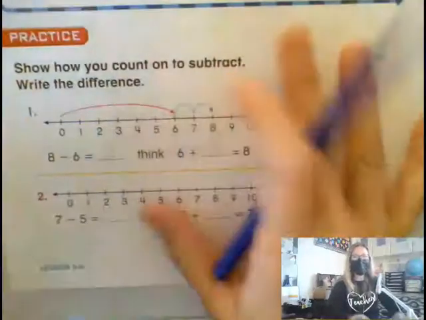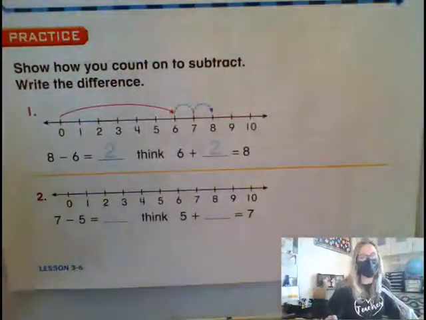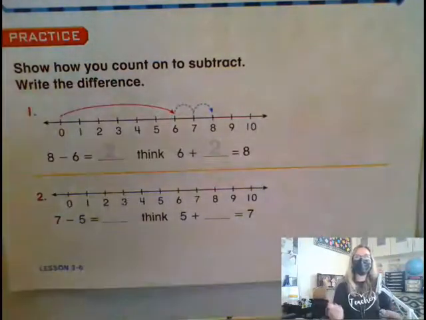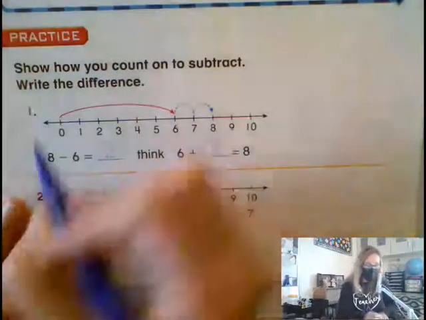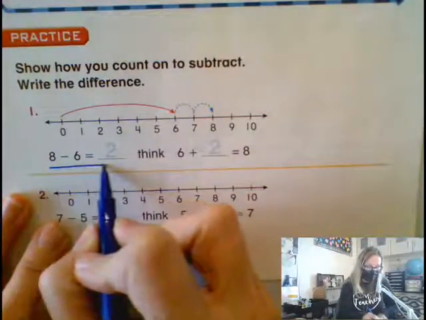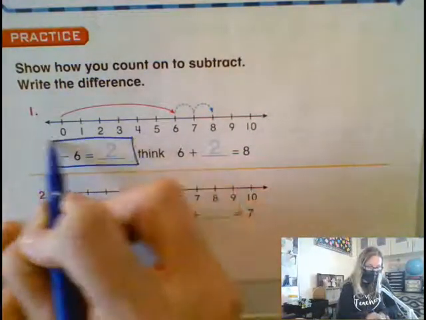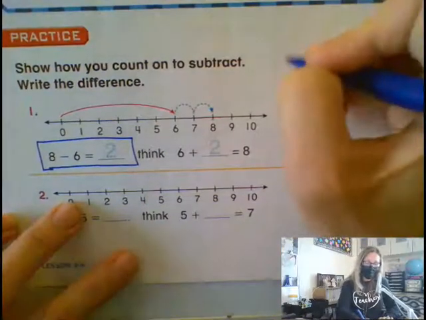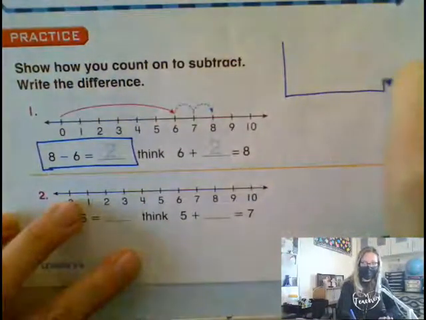And it says show how you can count on to subtract. So the first thing I want you to do is look at the number sentence. We're trying to find the answer for 8 take away 6. So if, and you don't have to draw this, I just want you to watch.